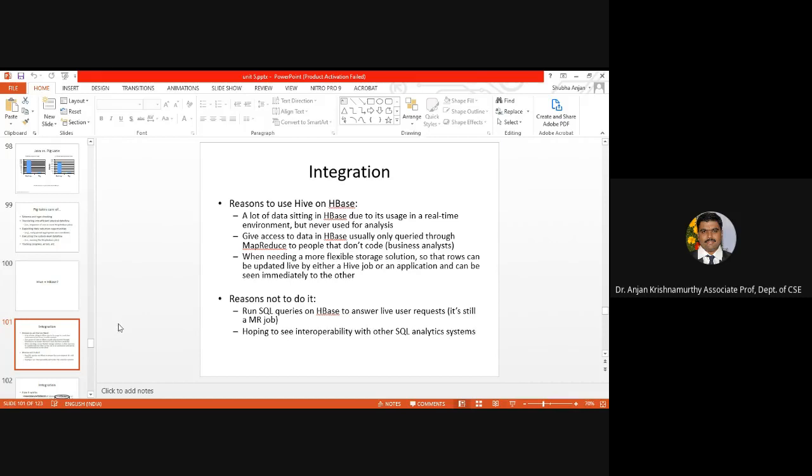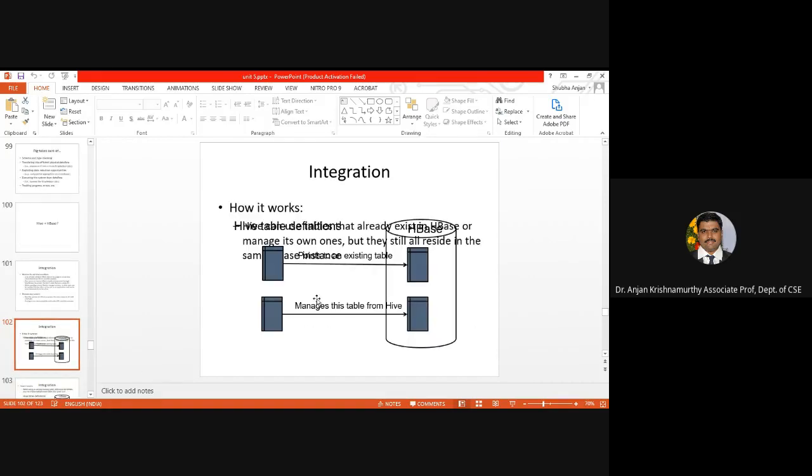We have many such things to understand, and this integration shows how Hive queries and HBase interact.